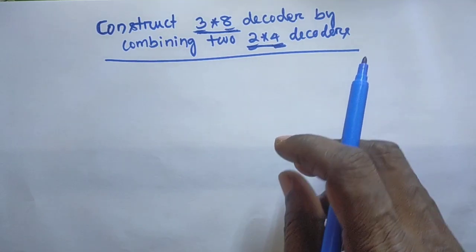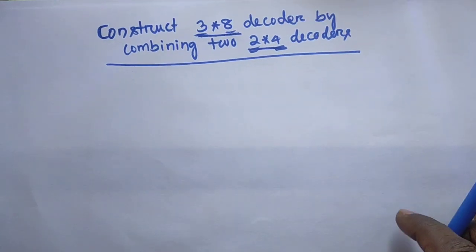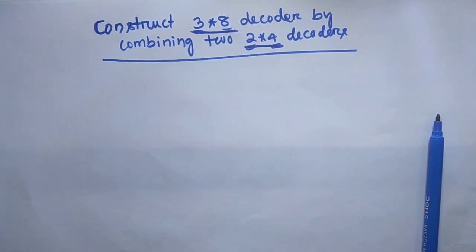So now we will construct the 3 to 8 decoder with the help of 2 to 4 decoders.